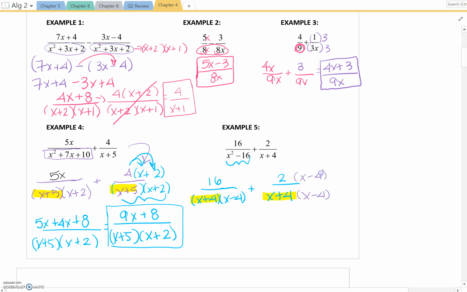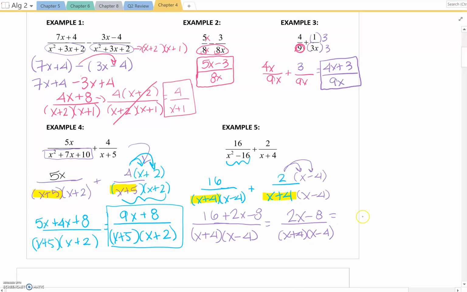Bring this down, 16 over x plus 4, x minus 4, plus 2x minus 8. Combine like terms, 2x, 16 minus 8 is negative 8, over x plus 4, x minus 4.